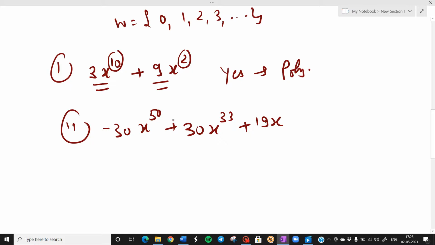I'm taking example number 2: minus 30 x power 50 plus 30 x power 33 plus 19x. Is it a polynomial? Yes, because this is an algebraic expression and the power of the variable is 50, which is a whole number. The power of the variable in the next term, 33, is also a whole number.